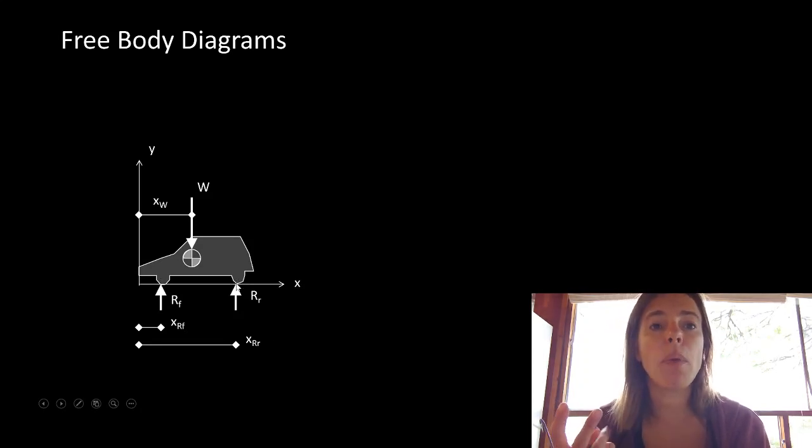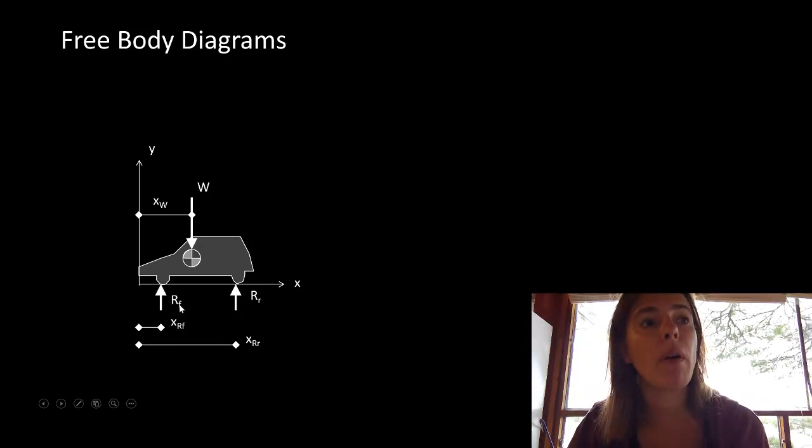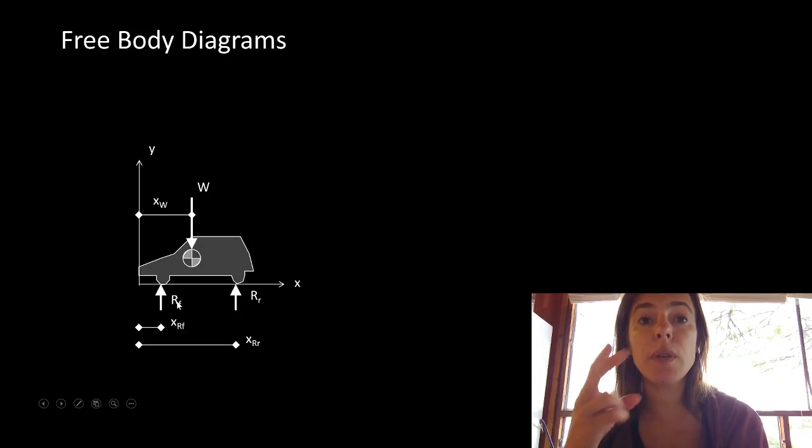Now this is where I say we can often break a 6 degree of freedom system down to a 3 degree of freedom system. We know that this car has depth into the page, and that this reaction here for the front wheels is really 2 wheels.